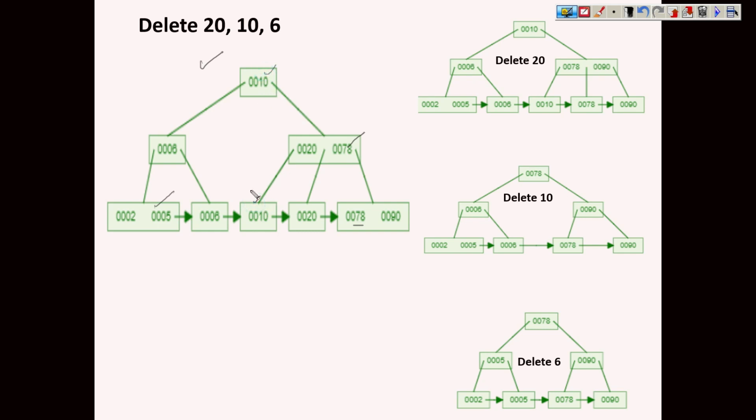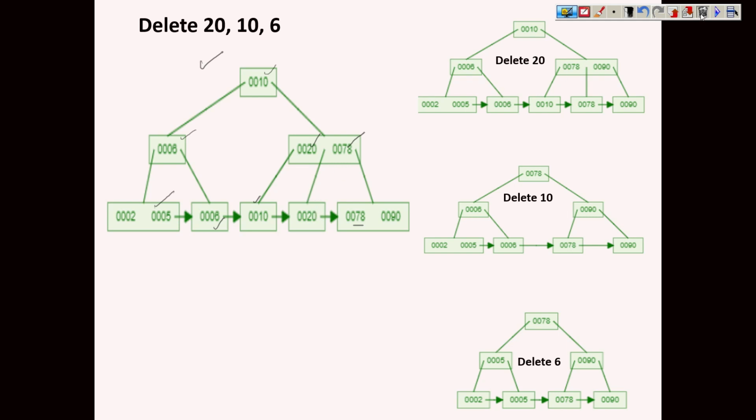So this is the key and this is the record. The successor of 20 is this. So this is the key, this is the record. For every node, you can see that if this element represents a record, then the predecessor will be its key here. So 78 is the key and 78 is the record, which is here the successor. Okay, so now we are going to delete 20.